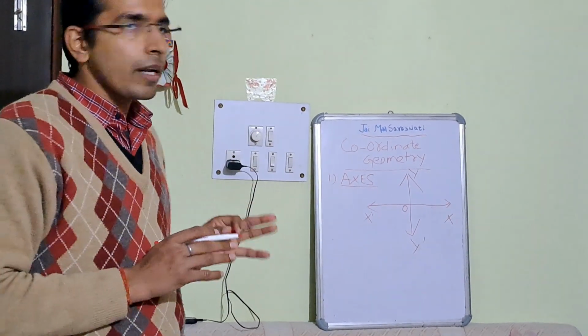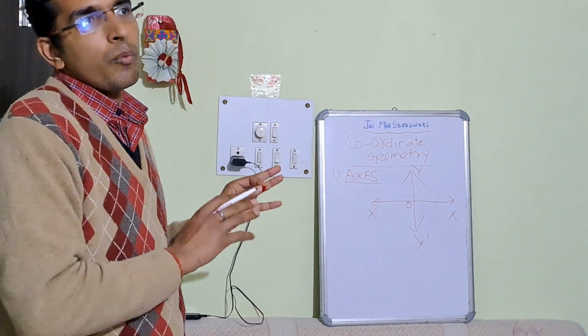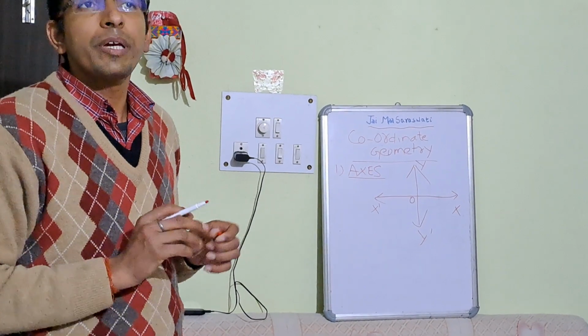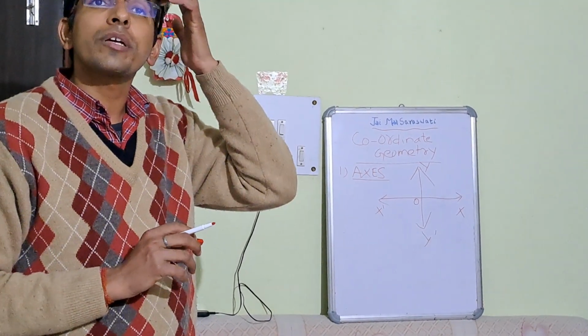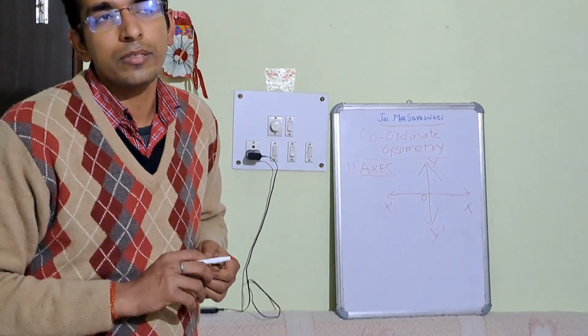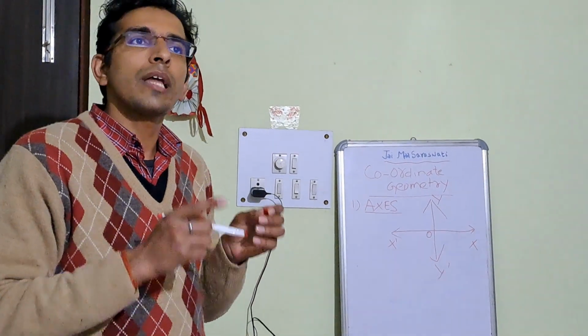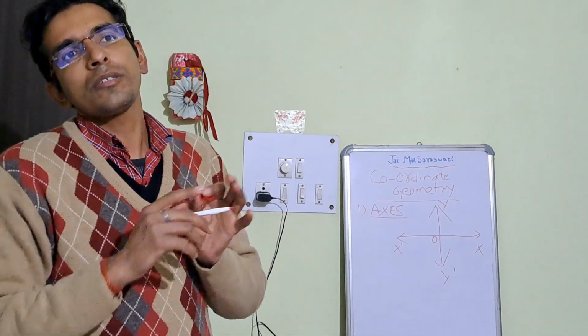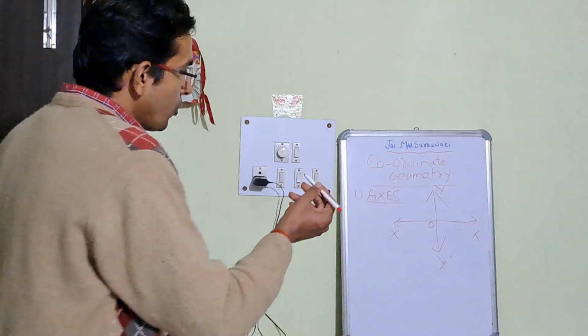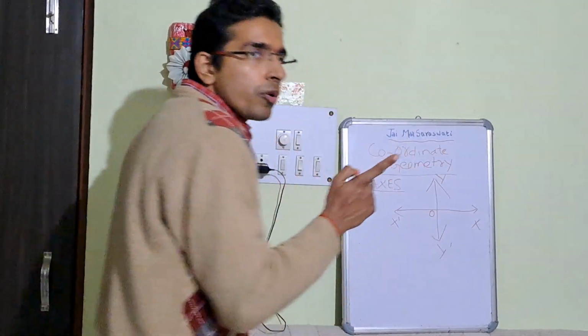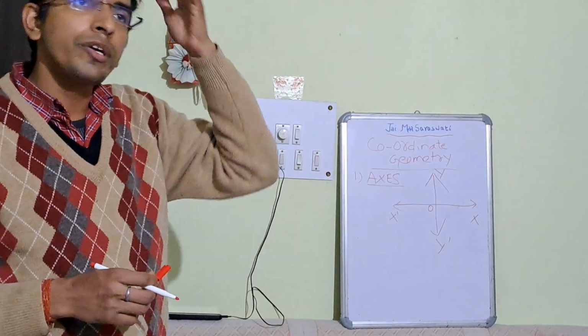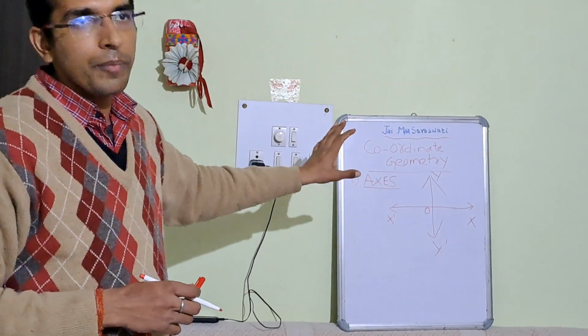This schematic diagram which we have drawn will be used for determining the location of a particular point in space, whether that point lies in two dimensions or three dimensions. First and foremost, we will discuss some basic points in this diagram.